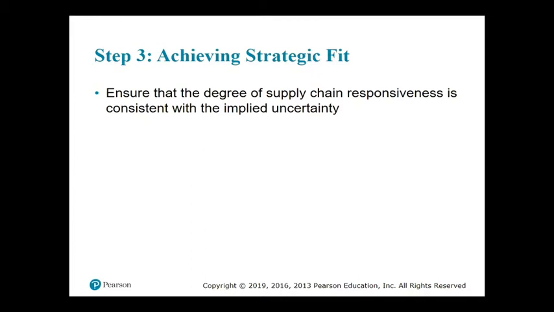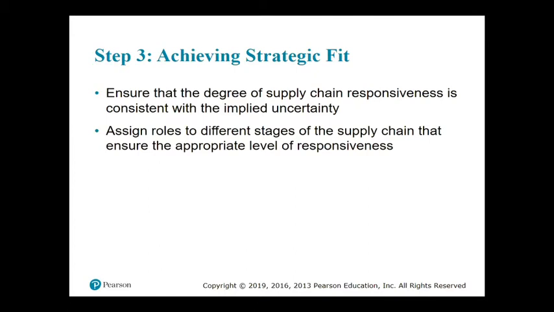Okay, so basically, when we try to achieve the so-called strategic fit, what we're trying to do is to match the level of responsiveness with the level of implied uncertainty in a supply chain.